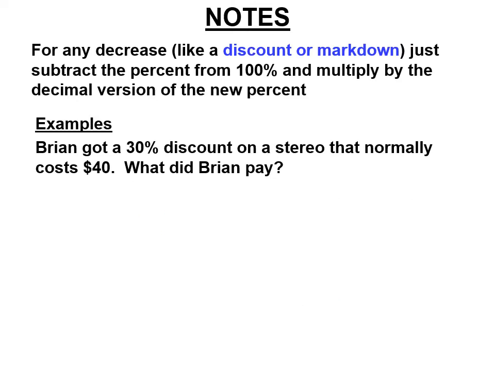All right, so for a decrease, like a discount or a markdown, we talked about that. That's the savings at a store. You can subtract the percent from 100% and multiply by the decimal version. Let's see this. Brian got a 30% discount on a stereo that normally costs $40. What does Brian pay? Well, if he got a 30% discount, he paid 70% of 40.